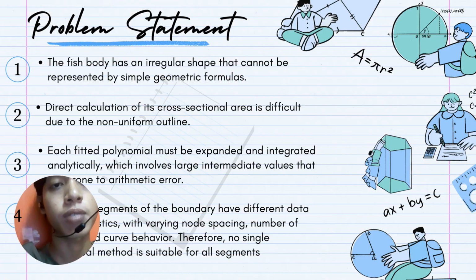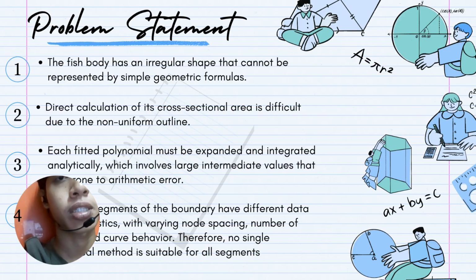From this, we can see that the fish has an unsymmetrical shape, and the area of its body cannot be calculated with equations such as for a rectangle or any polynomial shape that we have today.